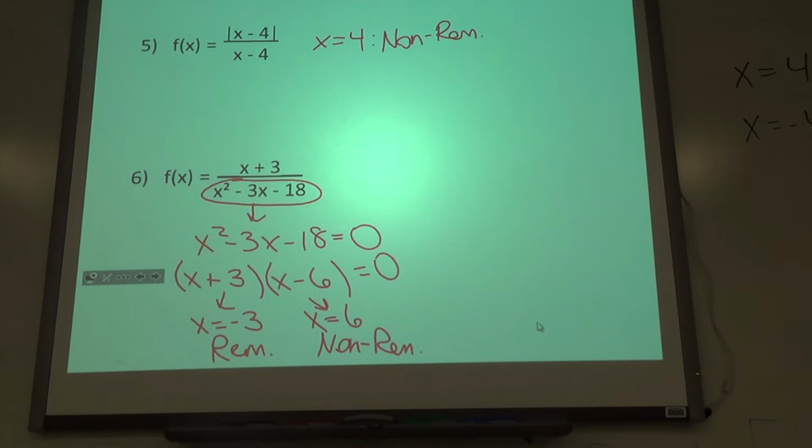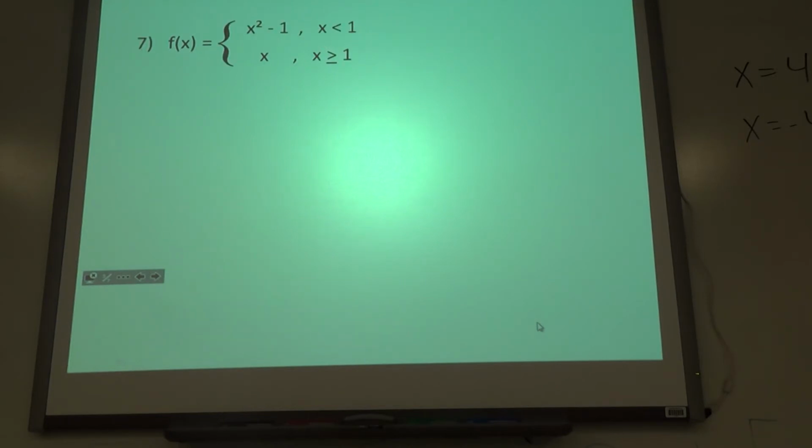It's always good to think about piecewise functions when you're talking about continuity and limits. So here we go.